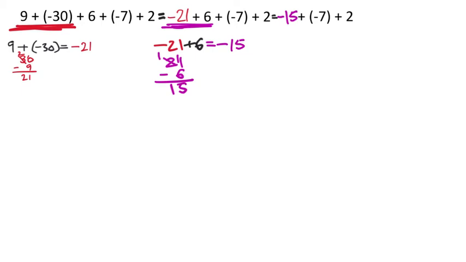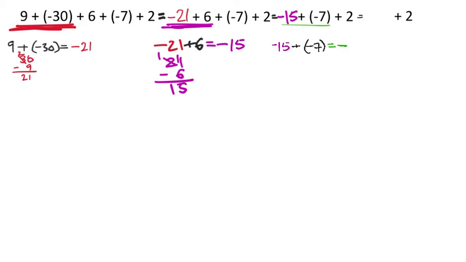Well, once again, I'm going to focus on 2 numbers at a time, specifically the negative 15 and the negative 7. So whatever I get out of this, of course, I'll still have to add this to whatever it is, but we've got to figure out what that is. All right? So this is negative 15 plus negative 7. Now on this one, we are adding the same signs, which means it's going to keep the sign, and the signs are negative.